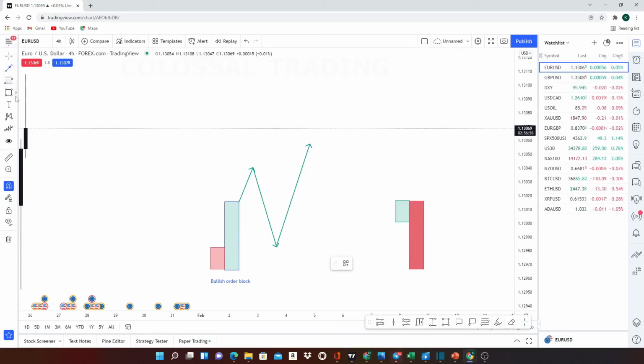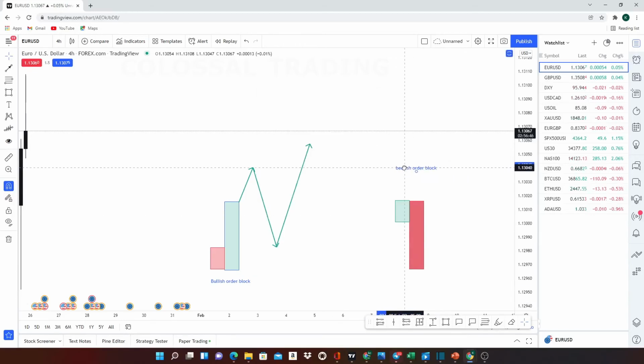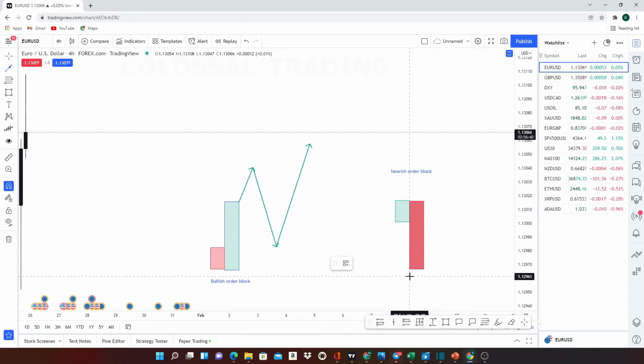Now for a bearish order block, this is a bearish order block. All right. For a bearish order block, we can see price went lower, when price decides to come back into this area, right?